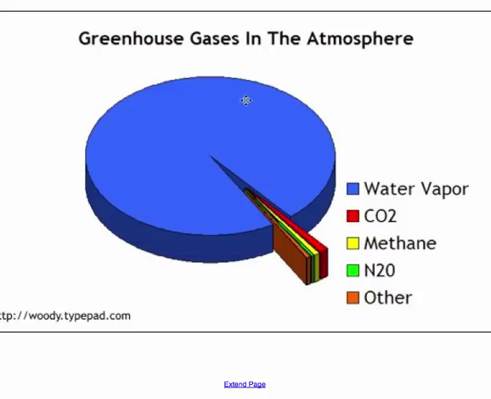As you can see, water vapor makes up the significant majority, and then CO2, and then methane, and a whole bunch of others. Most people don't think of water vapor as being a greenhouse gas, but it is. CO2 would be, however, the largest contributor that's being added into the atmosphere that is causing an enhanced greenhouse effect.